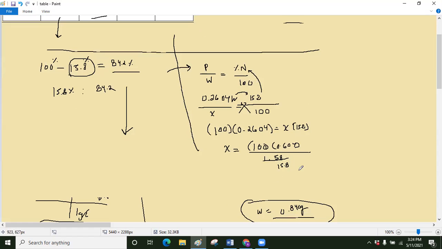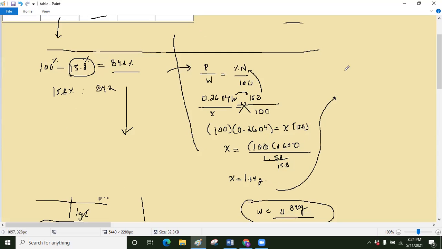And if you were to do that, you'd get 1.64. So you're dividing this by this, and your total would be 1.64 grams.